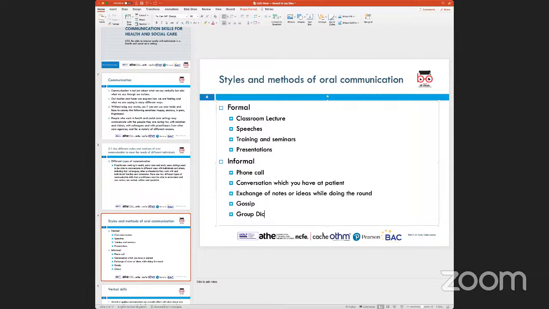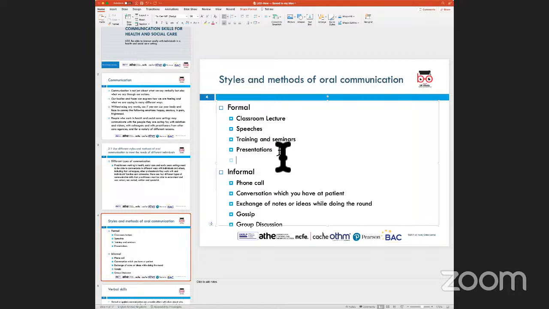Now, a group discussion can also be an informal discussion, which is an oral form of communication, because as you're going around the hospital doing rounds, a lot of people are discussing among themselves the conditions of certain patients that you visited, and that discussion between 2 or 3 colleagues would generally be termed as the informal part of oral communication.